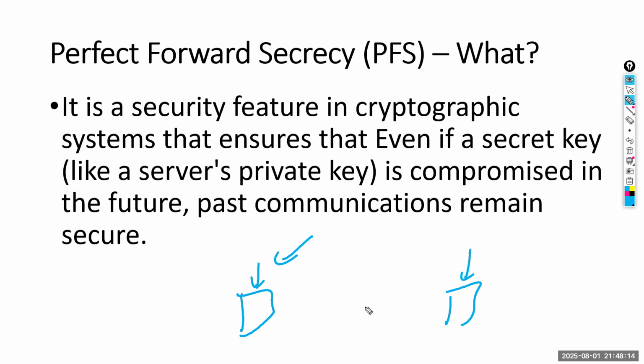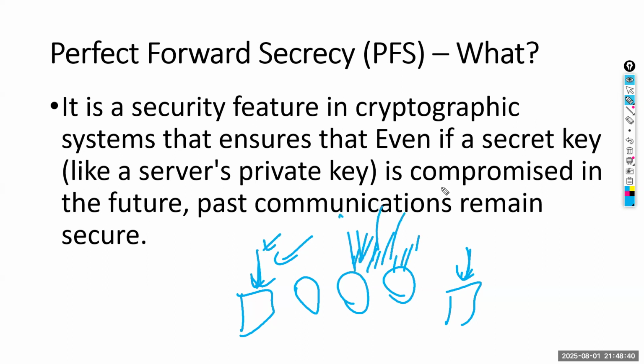Now, if that person has got some past ciphertext, he or she can decrypt all the past ciphertext also, because you have been using this key for the last 10 days, last 1 year. If this guy has collected the last 5 years of ciphertext, the moment he gets the key, he can read all the old messages. So far, he was not able to read those messages. That is a risk.